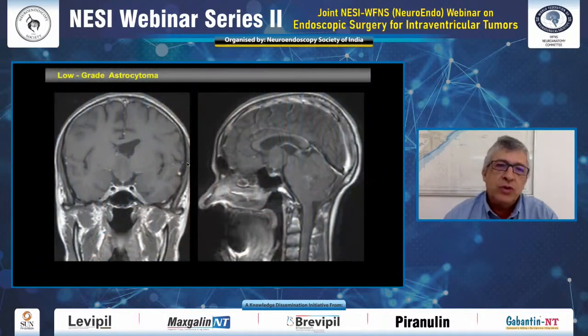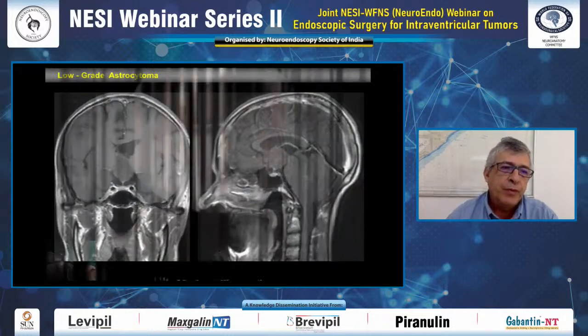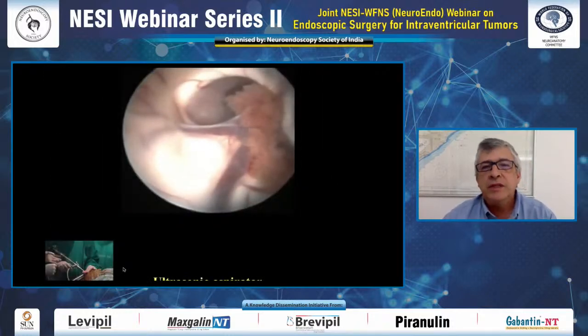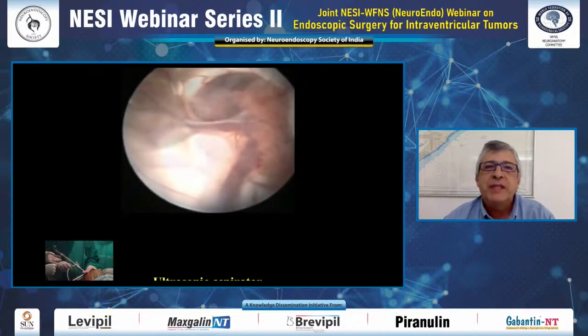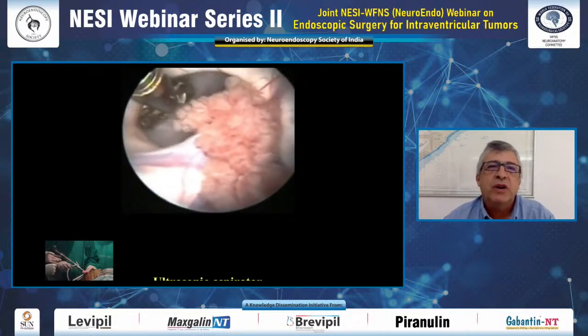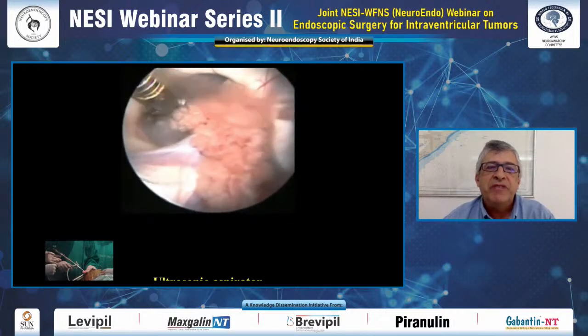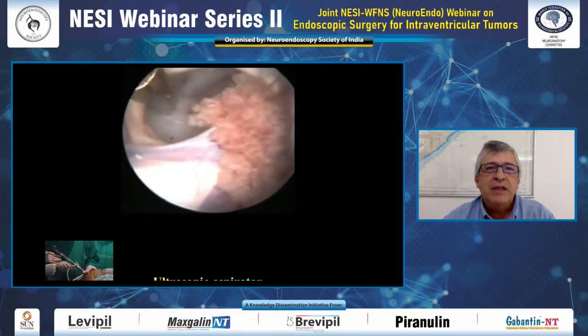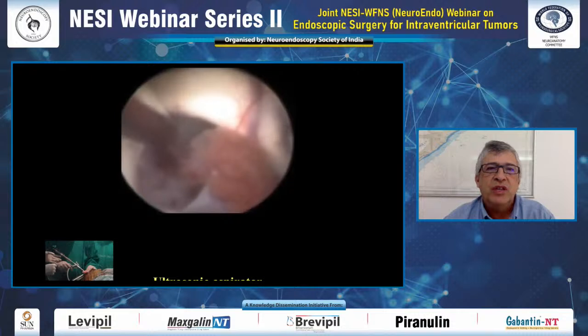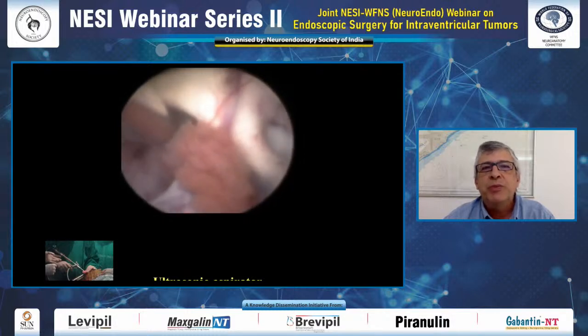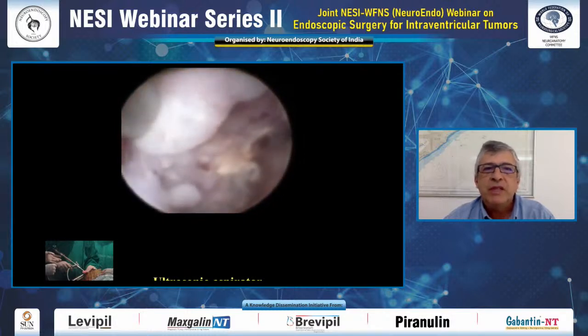And look at this kind of tumor. It's an astrocytoma. And look at this foramen of Monro dilatation. It's the third ventricle astrocytoma, a PC4 pathology. Then you insert the ultrasonic device. And with this machine, it's possible to completely aspirate this tumor, not bleeding a lot.